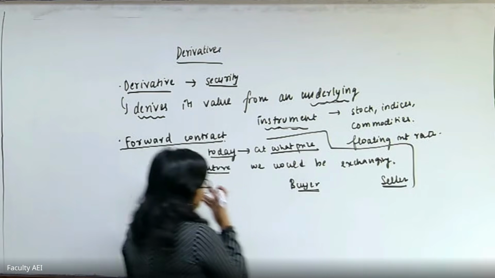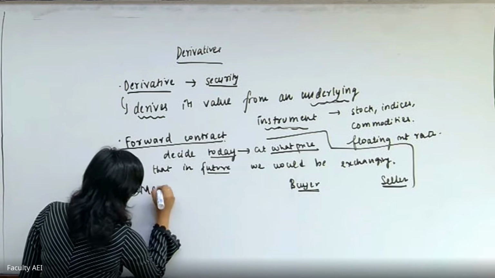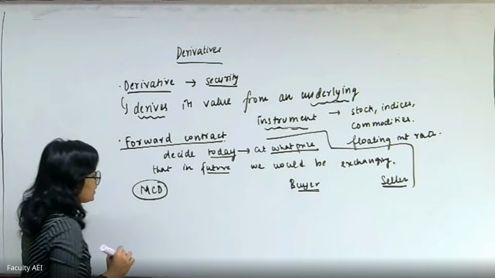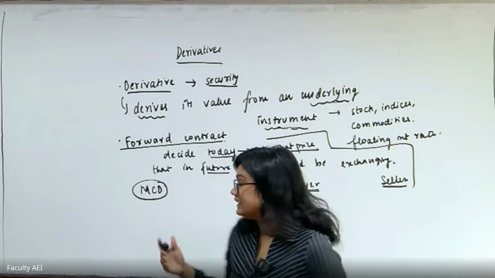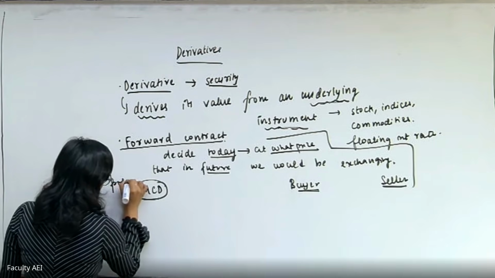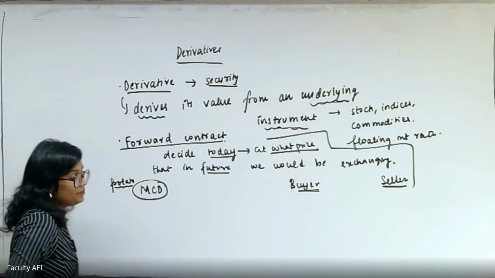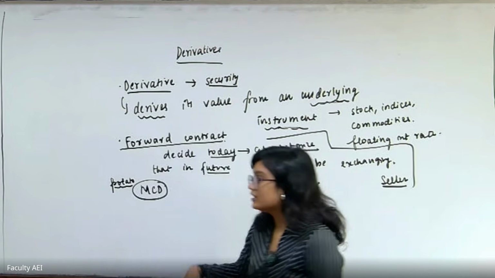Like, let's say, taking the example of McDonald's. For McDonald's, what is the important ingredient? Potato. McDonald's needs potato for producing everything.